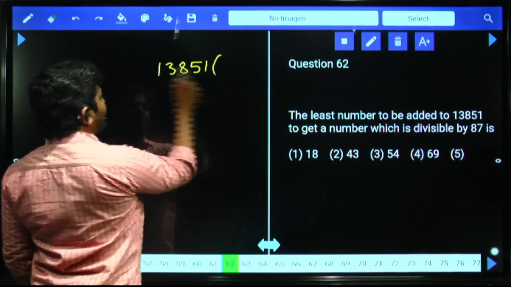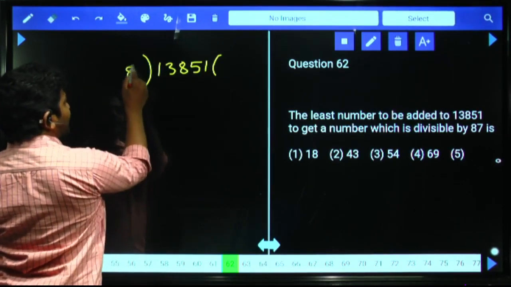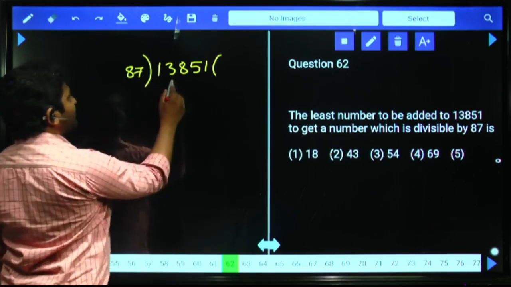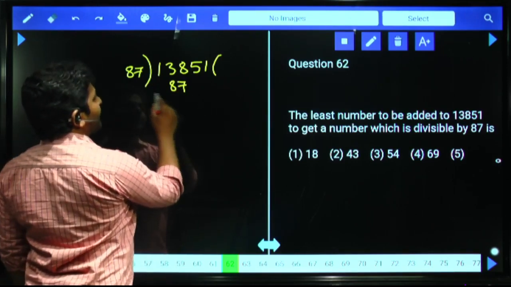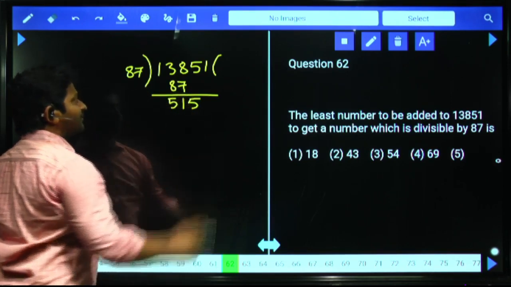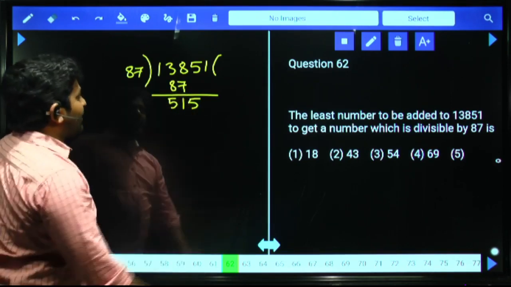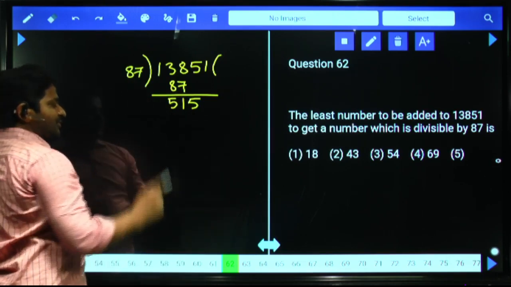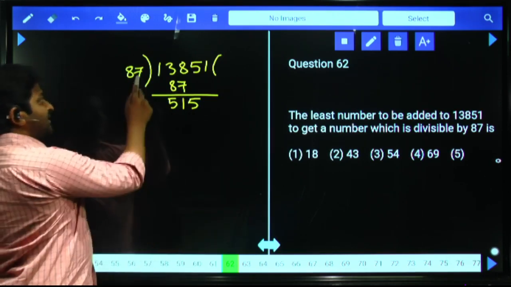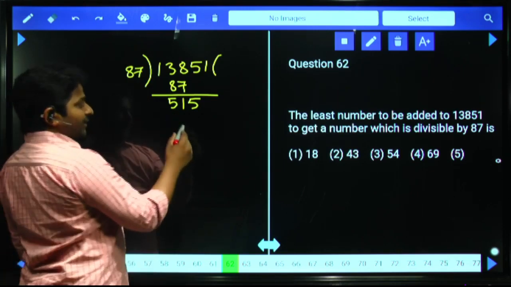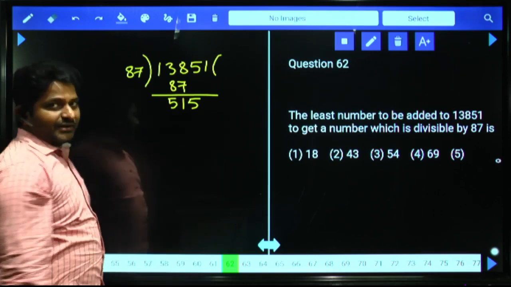13,851, when you divide this with 87, how much remainder are we getting? Let's calculate that. 87 once, that is 87 only. Then remainder is 51, and then let's take another number 5. Now when you take 6 times of this number, 80 into 6, 480, 6 into 7, 42, that is 522, exceeding 520.